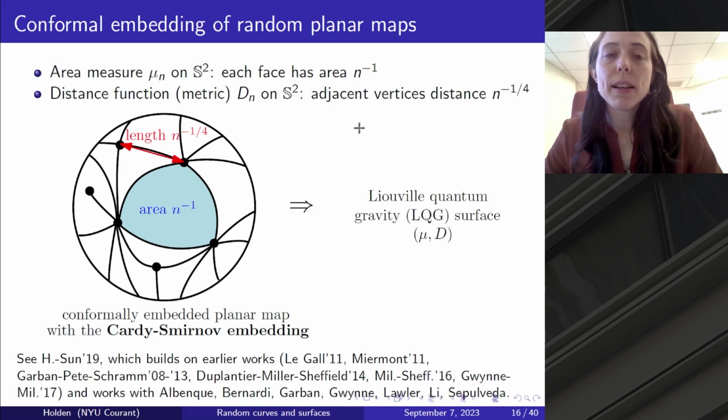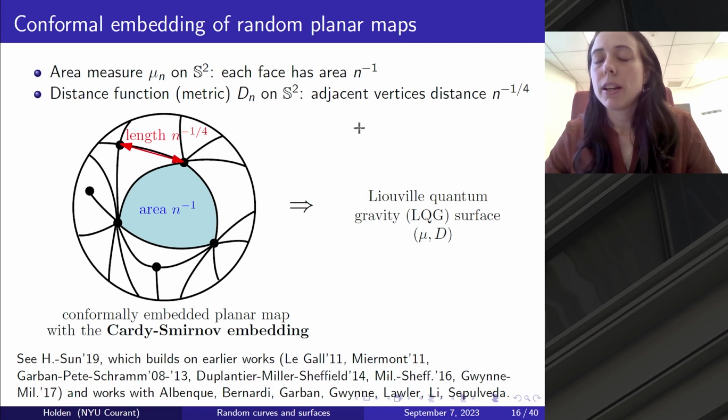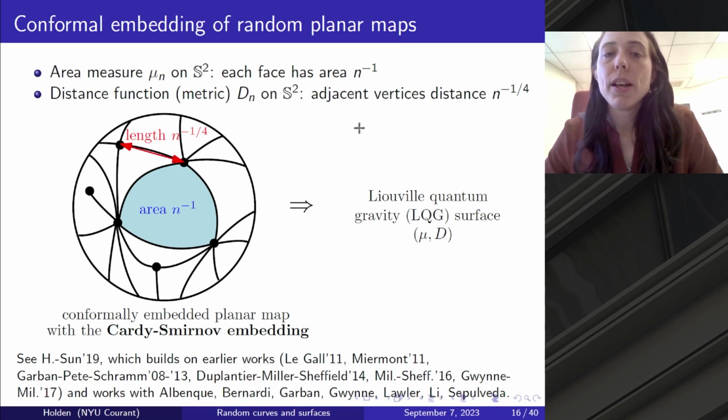This has so far only been proven in the setting of uniformly sampled planar maps. There are also a number of other probability measures one can put on planar maps which are non-uniform and which should also give gamma LQG in the scaling limit, but in those settings it's still open. So this is one topology.